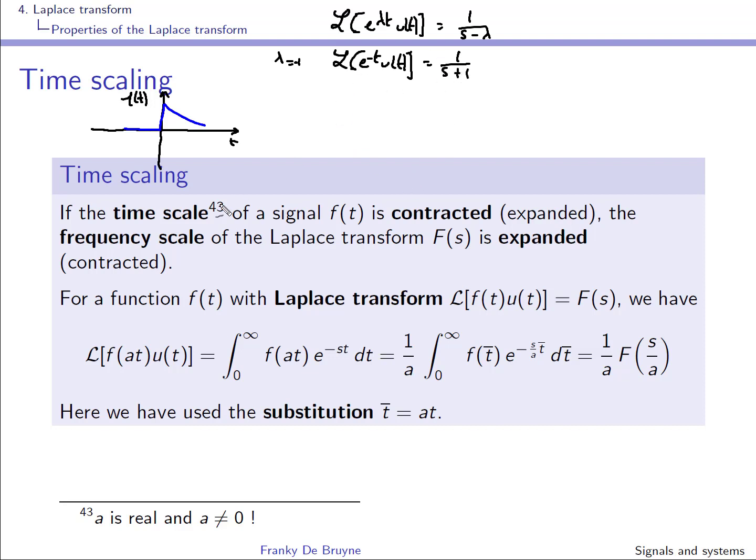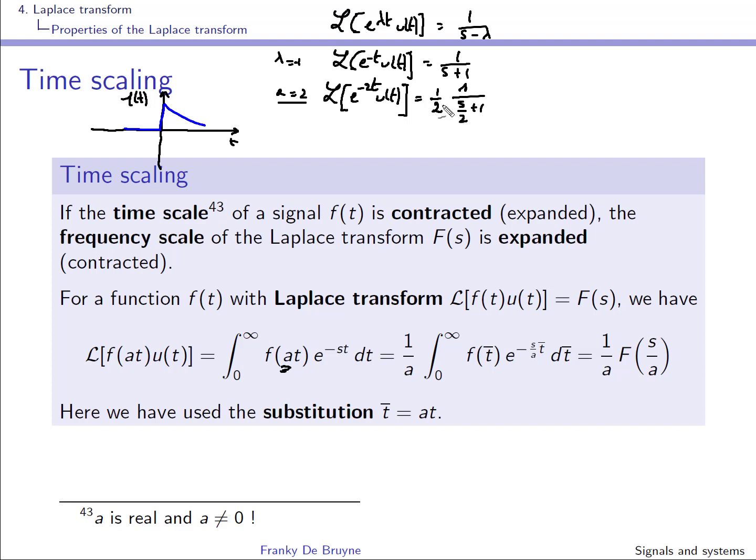So what you can do now is time scaling, and let us look at the Laplace transform of the exponential of minus 2t u(t). So we have used here an a that is equal to 2 in this case, and if you look at this property over here, the result should be 1 over 2, and then you take the original Laplace transform and you replace s by, in this case, s over 2.